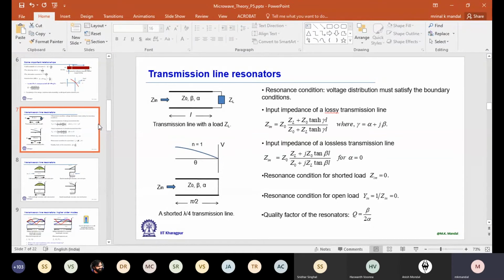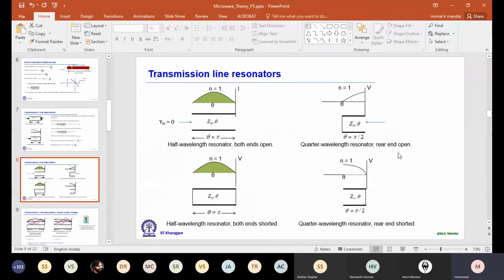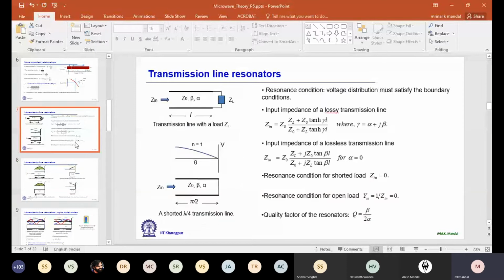So how do we find the resonant frequency for a microwave resonator? There are several methods. One of the popular methods is that you calculate what your Z in is and put that condition, and from that you derive the expressions for your resonant condition.